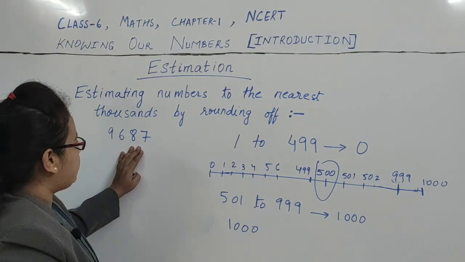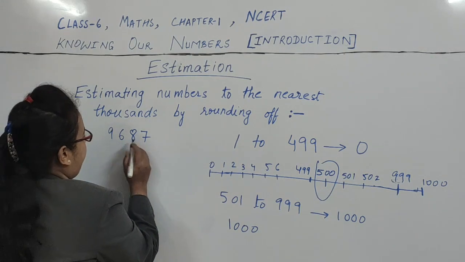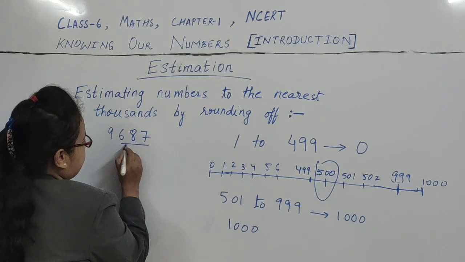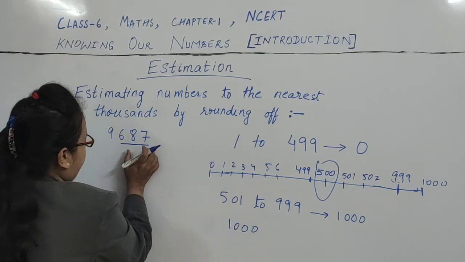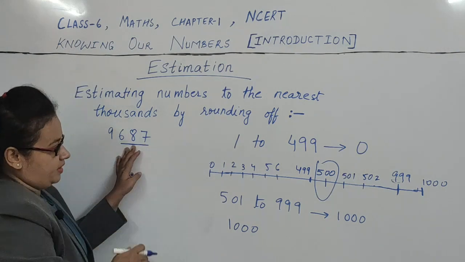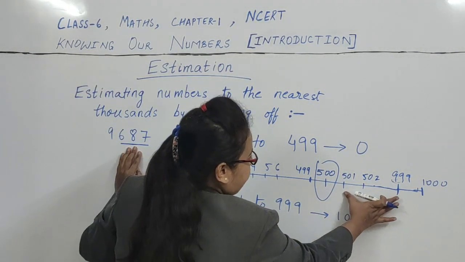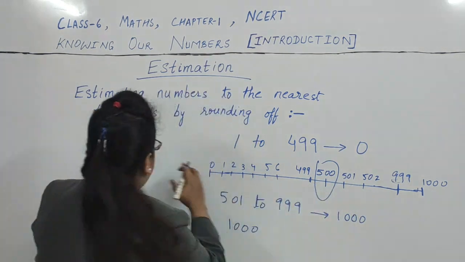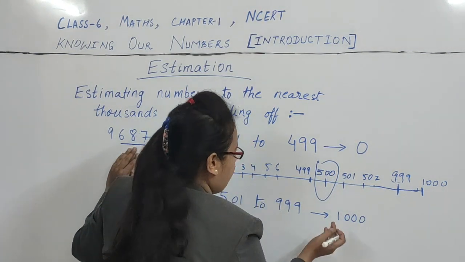Now we have to round off this number to the nearest thousands. So what we will do? We will look at the digits before the thousands place, ones, tens, hundreds. So this is 687. See, 687 is after 500, so it is closer to 1000.